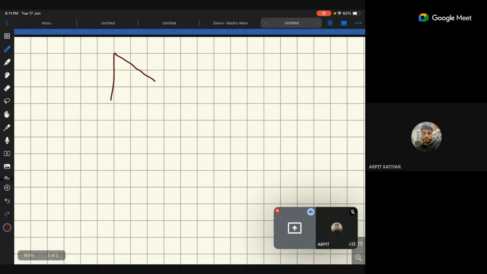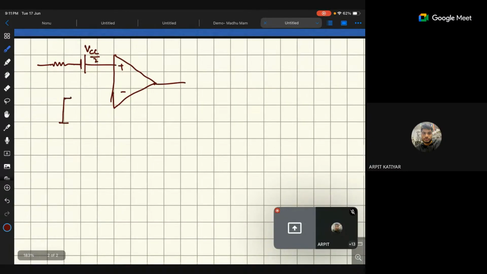If this is my operational amplifier, with the plus and minus terminals and this resistance, I require a VCC by 2 voltage, and similarly for the ground also we require VCC by 2 voltage. So my output is V0 plus VCC by 2 because of the single supply operation. This is the VCC and this is the ground. So we have discussed this.